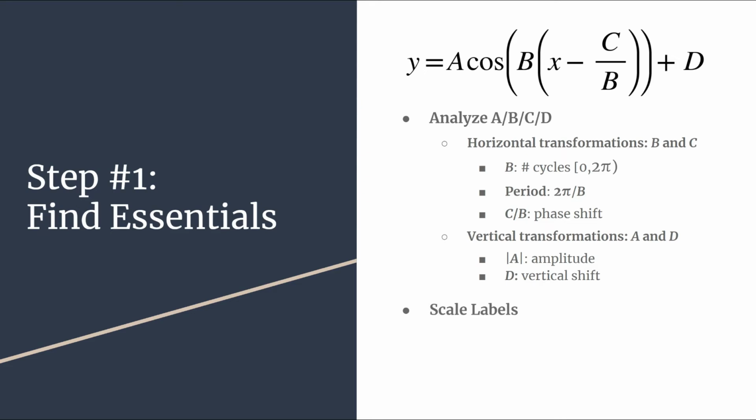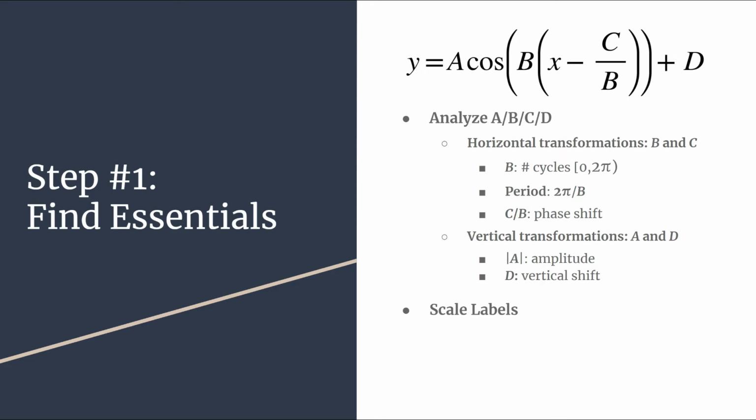All right, so then the final part to wrap up the essentials is to choose scale labels. And if you are familiar with the 3 steps to sketch method for cosine and other trig graphs, you know we do this very intentionally, especially for our horizontal labels. We want to make sure our graph is really nice, neat, and our key points in our pattern, which we'll get into in the next step, align nicely with how we've labeled our tick marks.